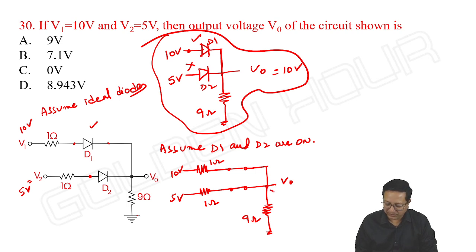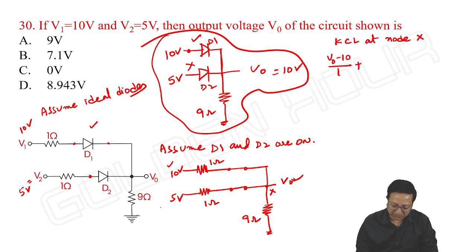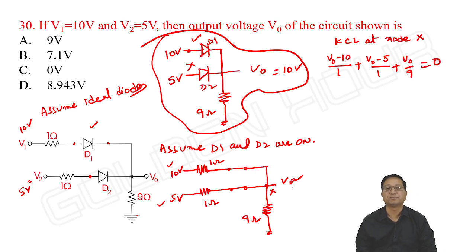Let me take this node as X. Applying KCL at node X, then what can we write? (V output minus 10) by 1 ohm plus (V output minus 5 volts) by 1 ohm plus (V output minus 0) by 9, or V output by 9, is equal to 0.